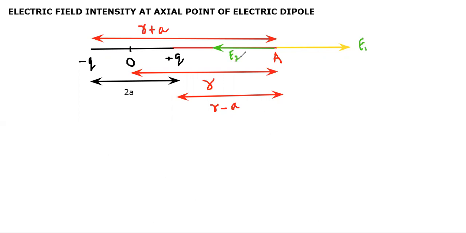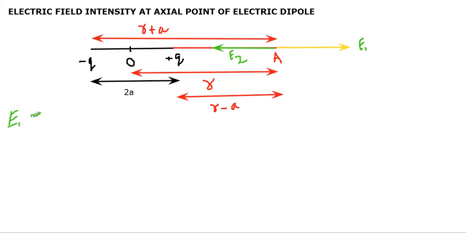Now, in the previous video, we learned what is electric field due to a point charge. The formula was kq by r square. So similarly, we are going to find E1 and E2 first. So let's find E1.